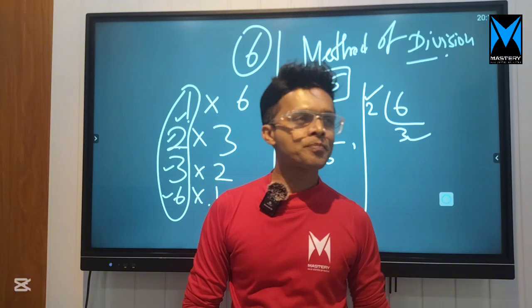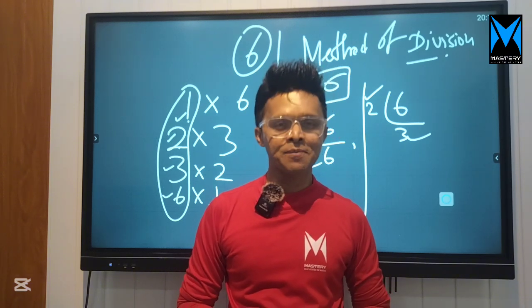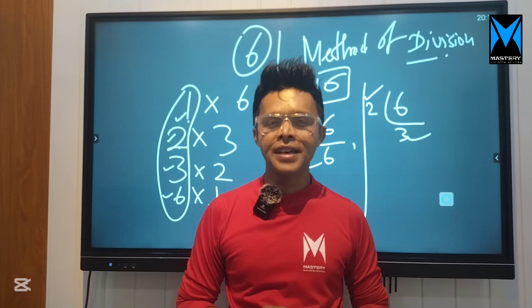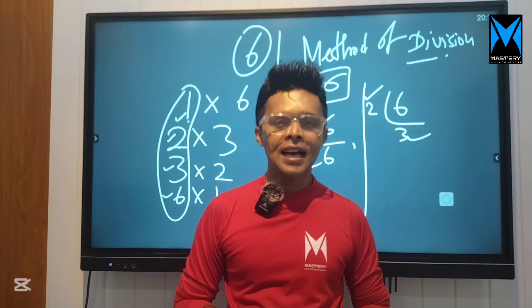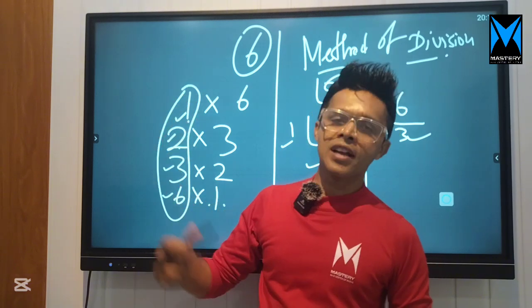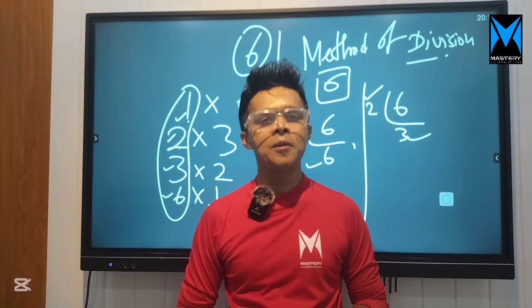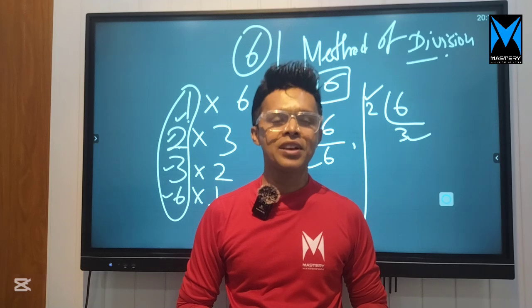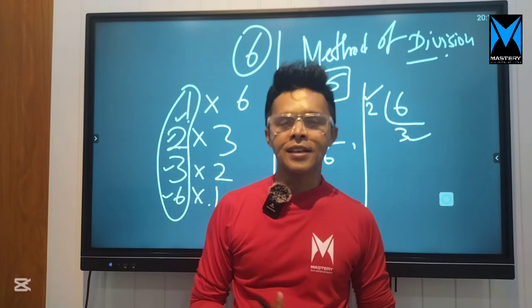According to the test paper, you need to find the factors of 6. But I suggest that knowing this way of getting the factors of a given number will be helpful for you. Easily you could get the factors of a given number using this way.